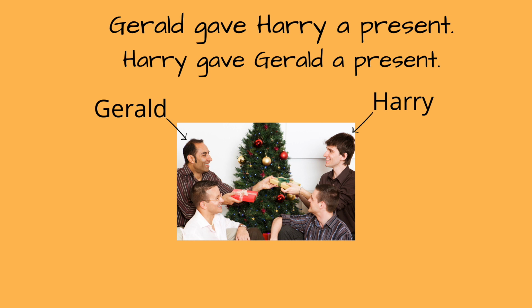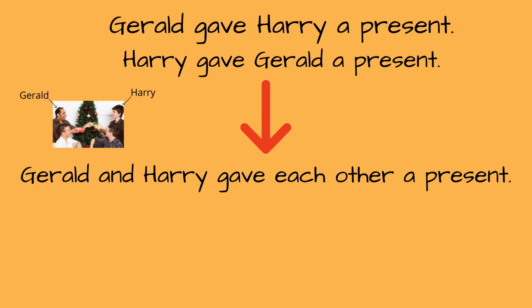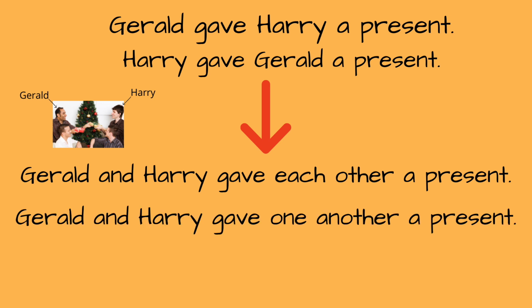That's the verb form. So, instead of saying those two sentences, Gerald gave Harry a present and Harry gave Gerald a present, which is a bit wordy, we could express this idea by just saying Gerald and Harry gave each other a present, or Gerald and Harry gave one another a present.